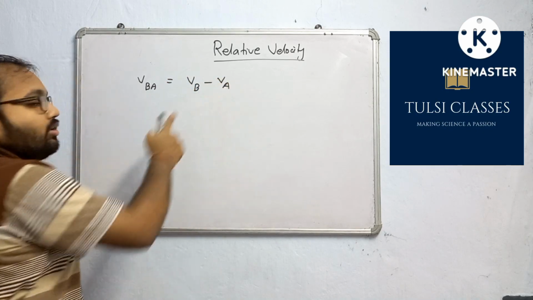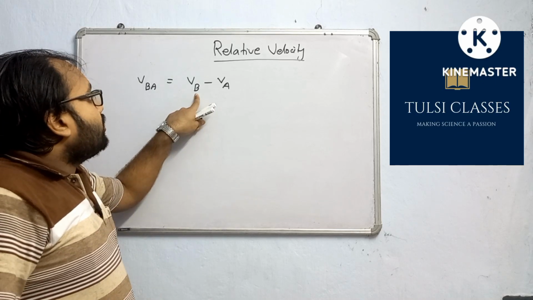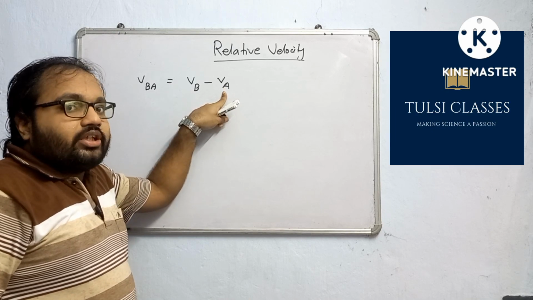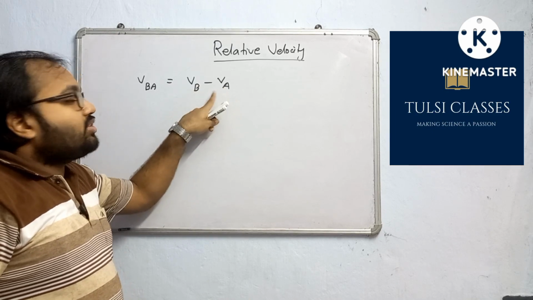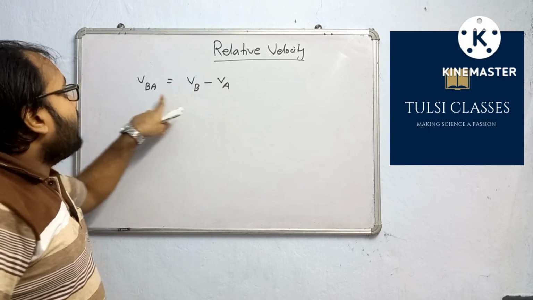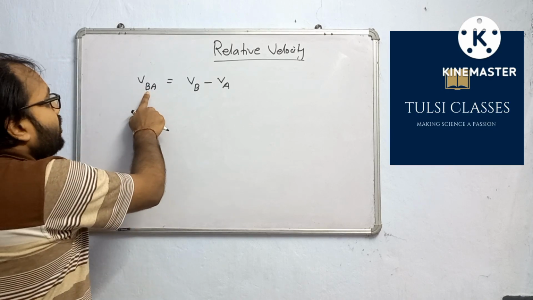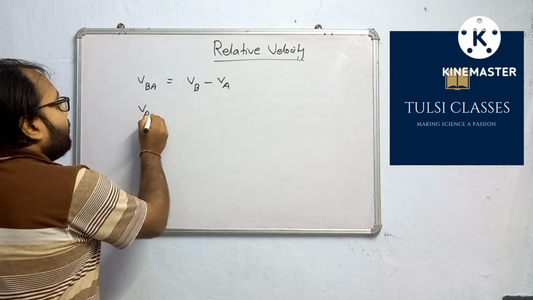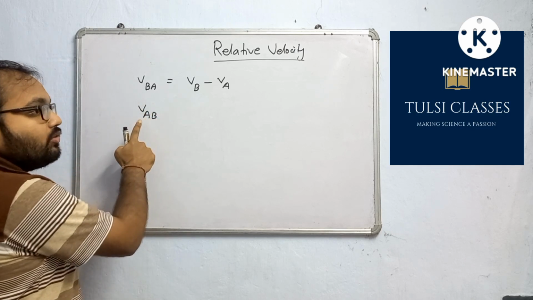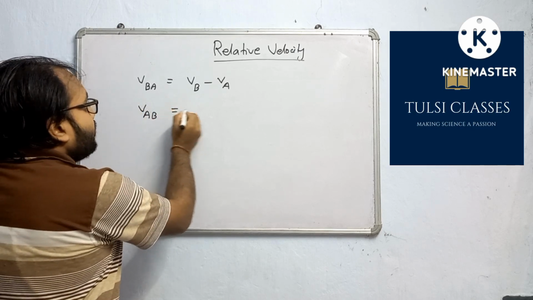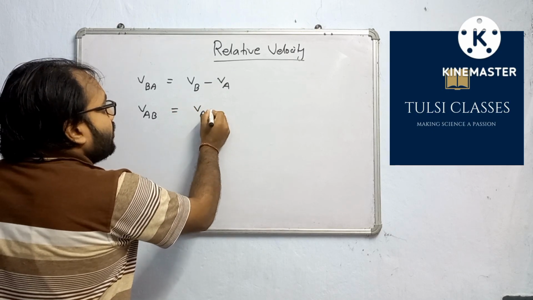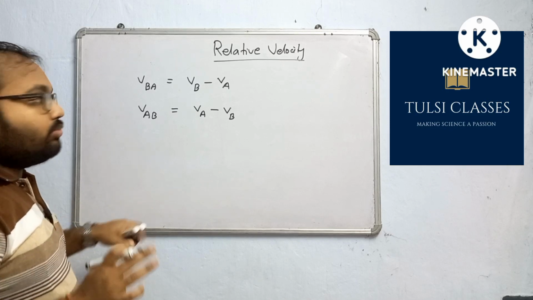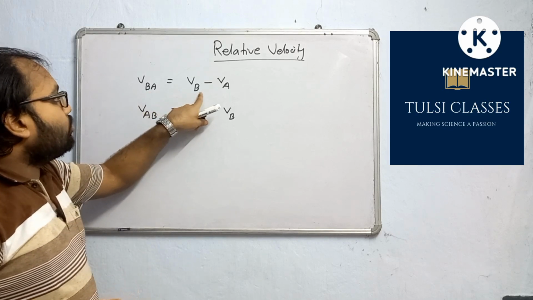Now what is V_B and V_A? V_B is the velocity of object B and V_A is the velocity of object A. These both velocities are with respect to ground, and V_BA is velocity of B with respect to A. Similarly, if we write V_AB, this represents velocity of A with respect to B, which is equal to velocity of A minus velocity of B.